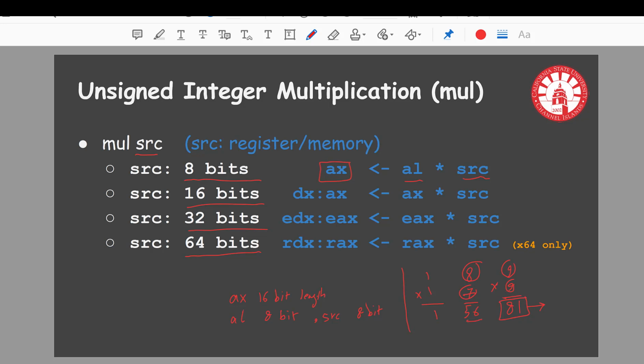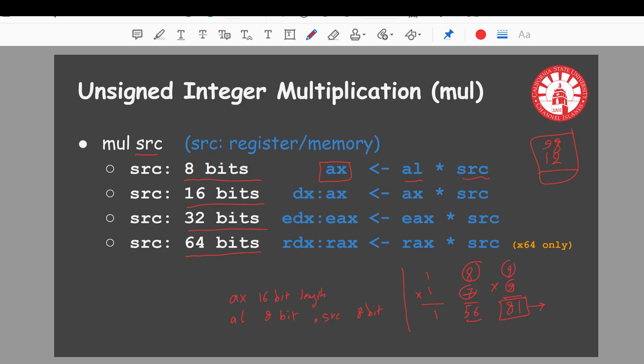We can try this also for higher digit numbers, like for example 12 multiplied by 98, and then you will see that the result is more than 2 digits, and for this case the result is going to be 4 digits.